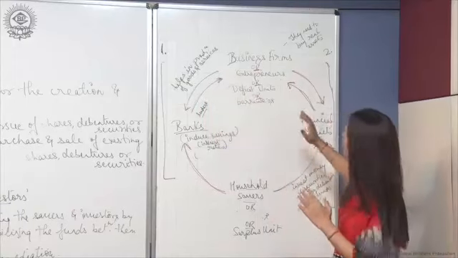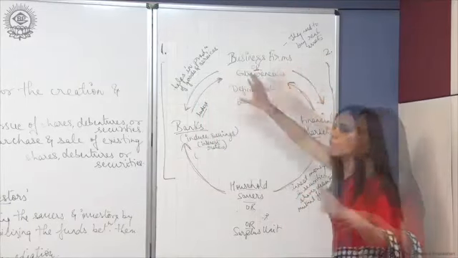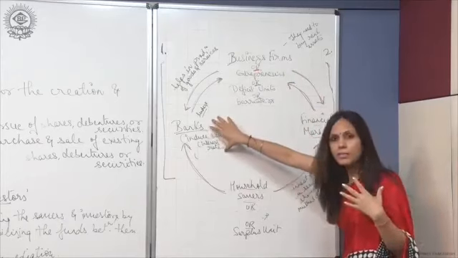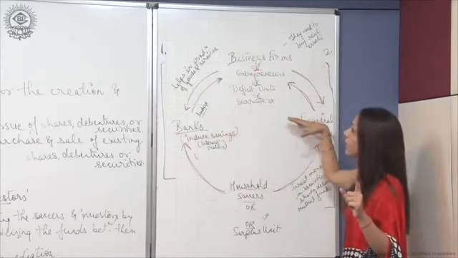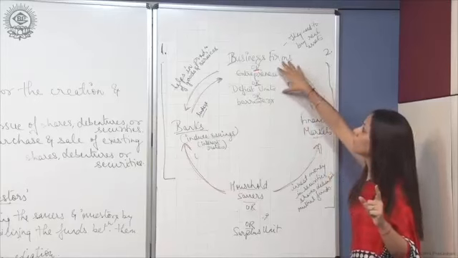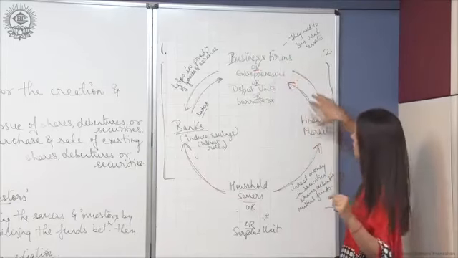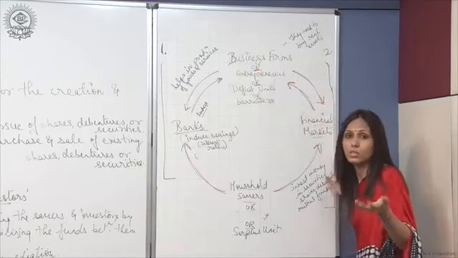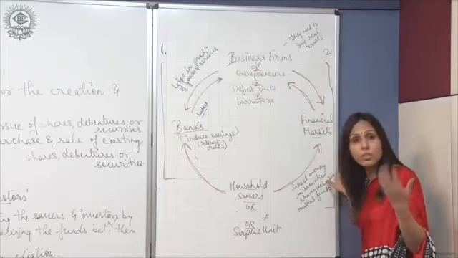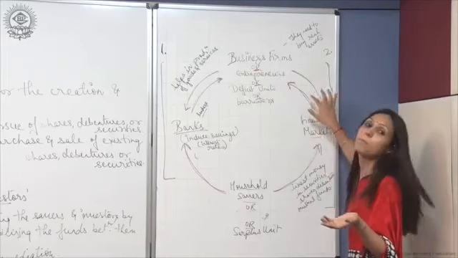The second function is that these firms first raise money through banks, the financial institutions. Second, the business firms, or the deficit unit, raise money by issuing shares, debentures or any kind of securities in the financial market.